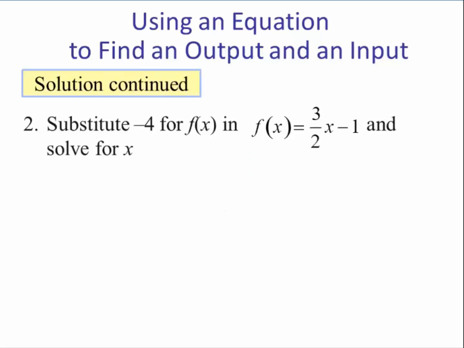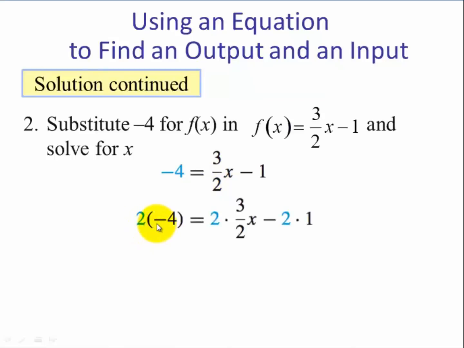Number 2, f of x is the same thing as y, so we want to find the x when y is equal to -4. So we substitute -4 in for our y. There are different ways of solving this. I'm going to get rid of the fraction by multiplying every single term by the denominator. That will eliminate the fractions.